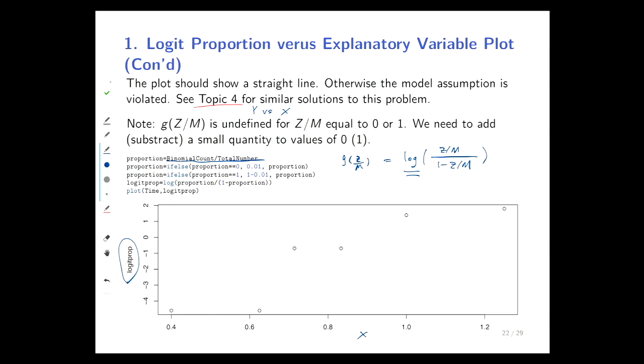So in this case, we need to deal with that, because sometimes z divided by m equals 1, or sometimes z divided by m equals 0. That can happen in real practice.